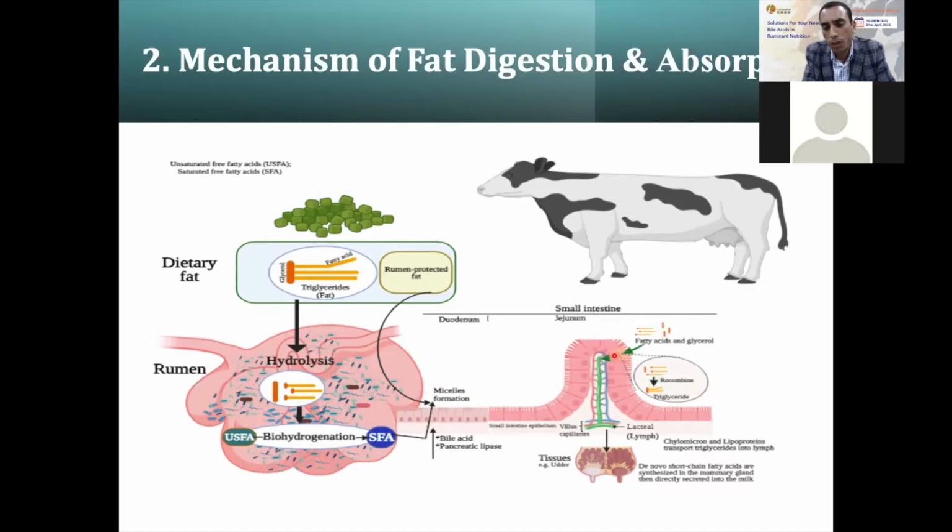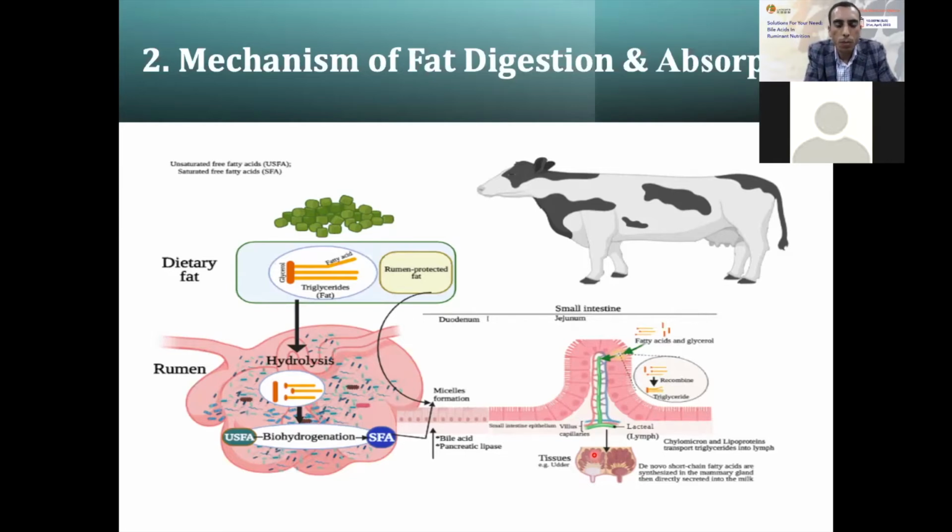After being converted to triglyceride, it is transported to the lymph, carried by chylomicrons and lipoproteins, to reach the lymphatic system. It can then be secreted in the milk, for example, or stored in body tissue. This is the first form of fatty acid in the diet.